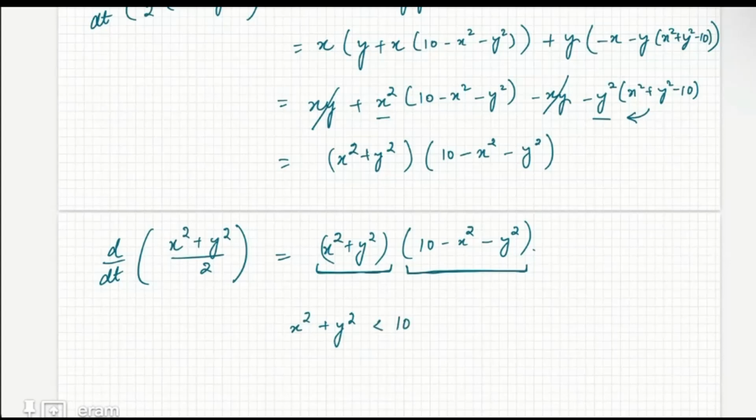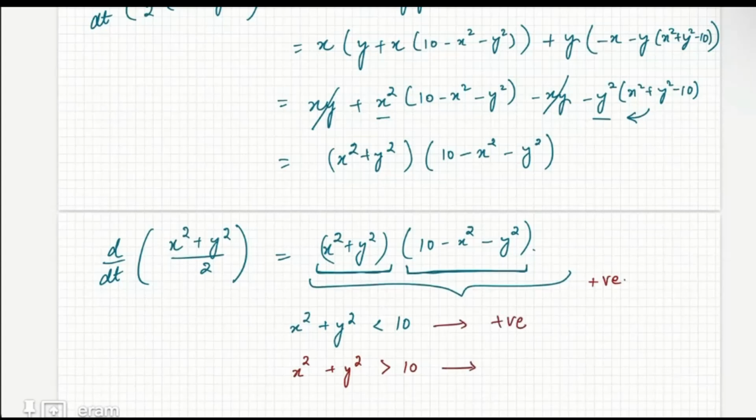So if x square plus y square is less than 10, the whole term will be positive, and when x square plus y square is greater than 10, sorry, the whole term will be negative.